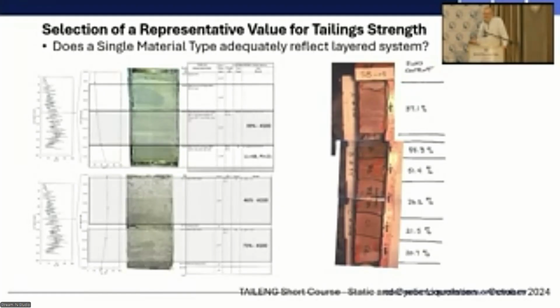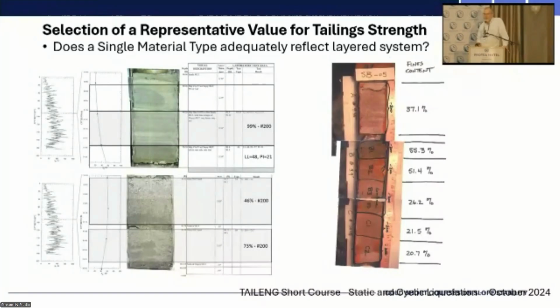We almost always find a coarse tailings, a fine tailings, and something in the middle, and that is reflected. You can see within just a few centimeters you can go from quite a high fines content to a reasonably low fines content.